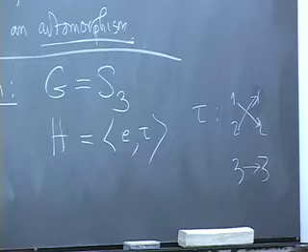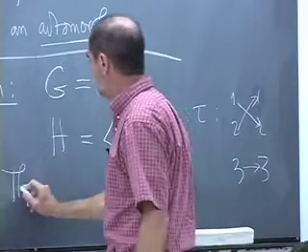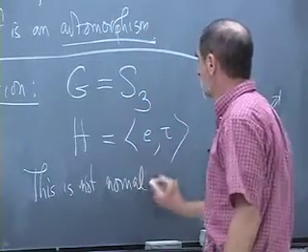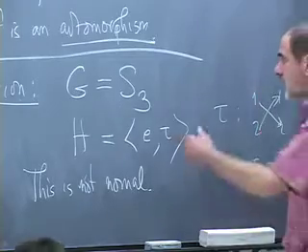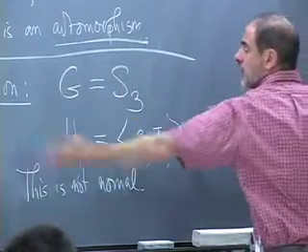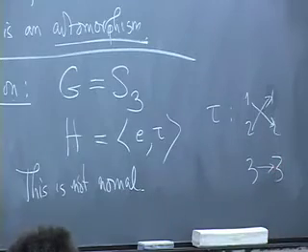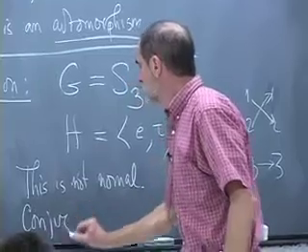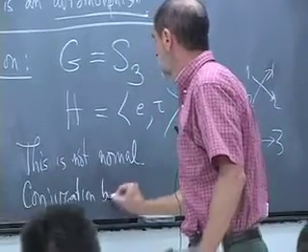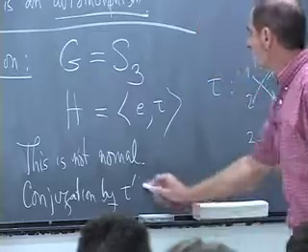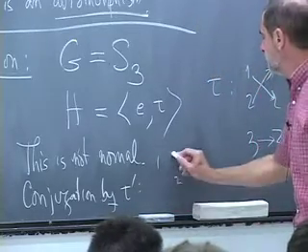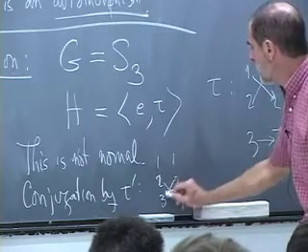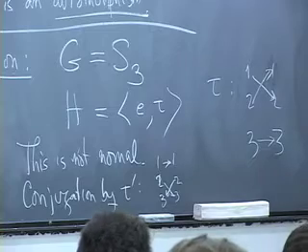Okay? Now, I claim this is not normal. So you have to find an element in the group that takes this subgroup outside of itself. Well, let's try conjugation by tau prime, where tau prime is the element that switches 2 and 3 and fixes 1.